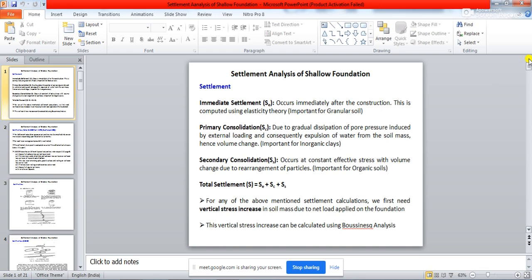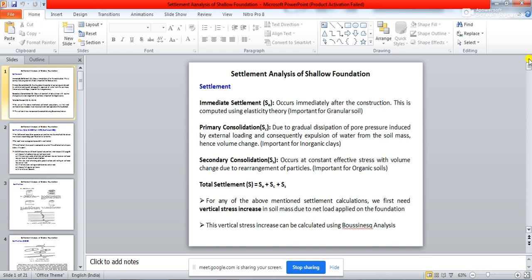So, we were discussing settlement analysis of shallow foundation, and in that we started discussion about consolidation settlement, up to the point of how to calculate the settlement because of consolidation.